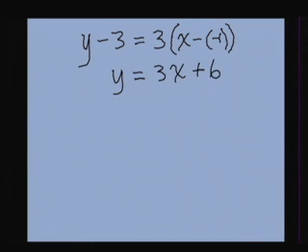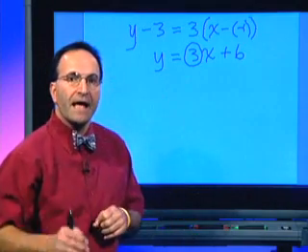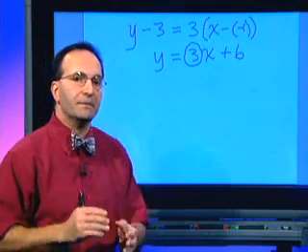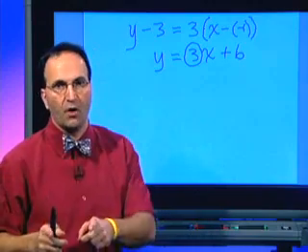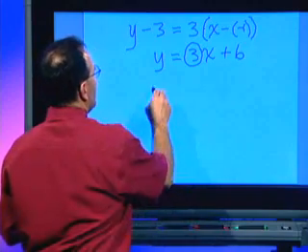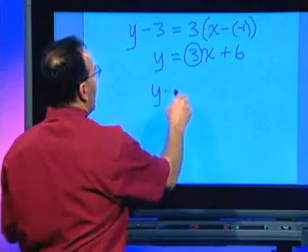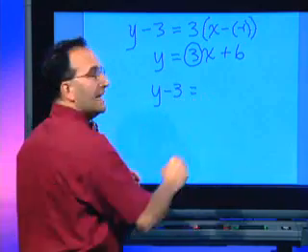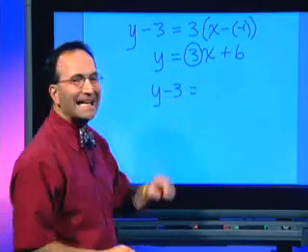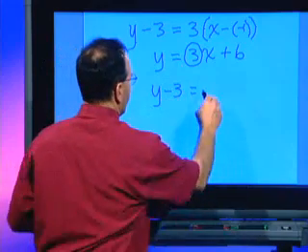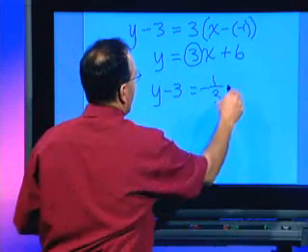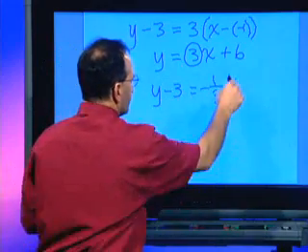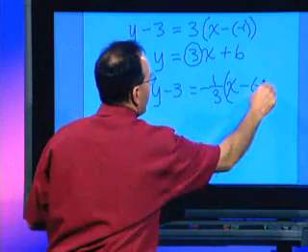To find the equation for the normal, we must remember that the normal is perpendicular to the tangent. And if it's perpendicular to the tangent, it means it has the negative reciprocal slope. So for the normal, it would be y minus 3 equals negative 1/3 x minus the negative 1.